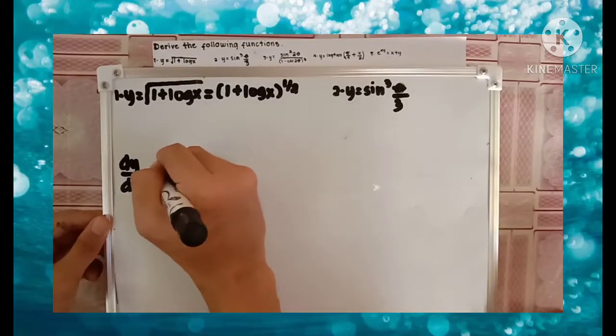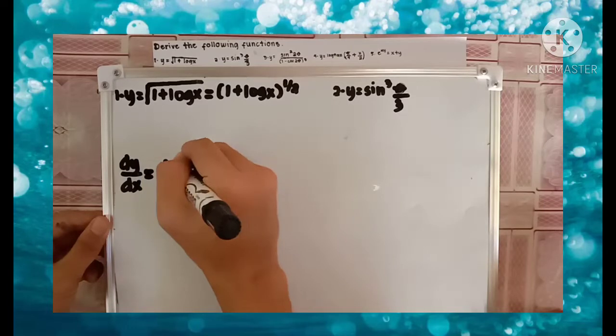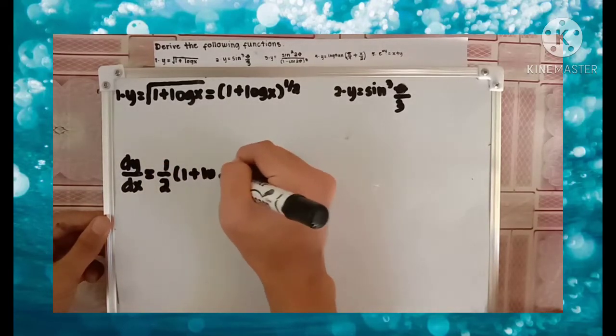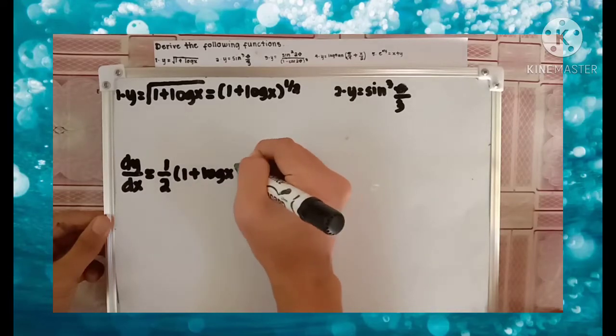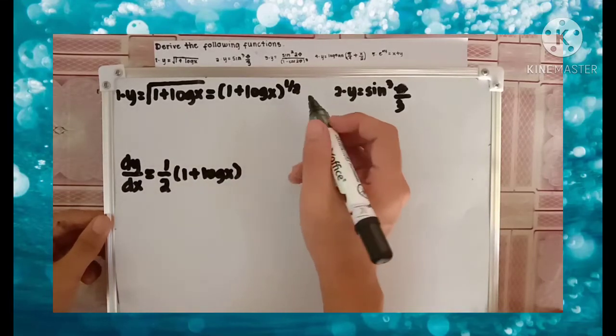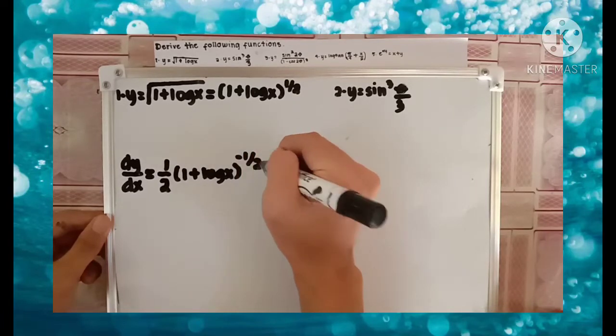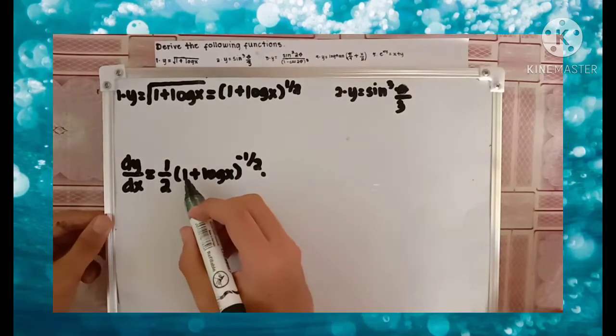So 1 half multiplied by u, 1 plus log x raised to 1 half minus 1, which is equal to negative 1 half, times the derivative of inside.